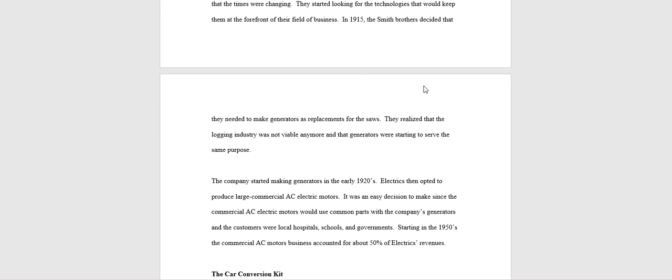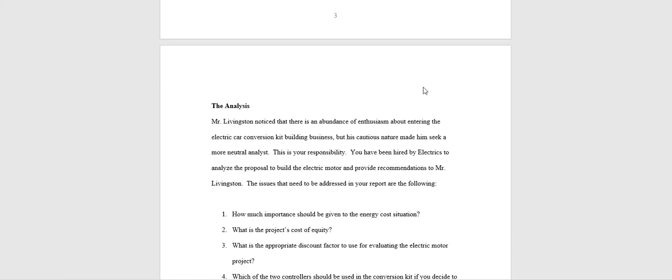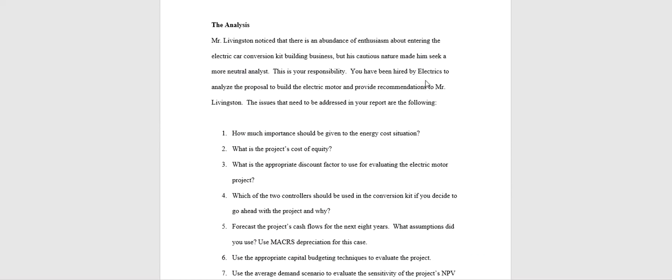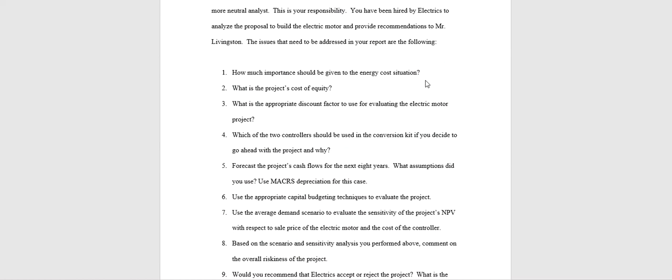The key to the case and the key to the paper occurs on page 4 of your reading, the analysis, where you have to answer 9 questions in regards to this case. These 9 questions are your paper.